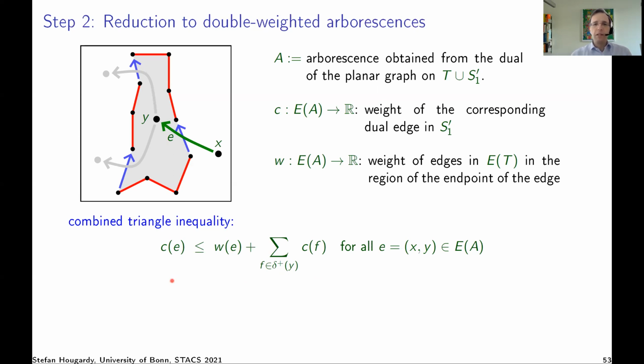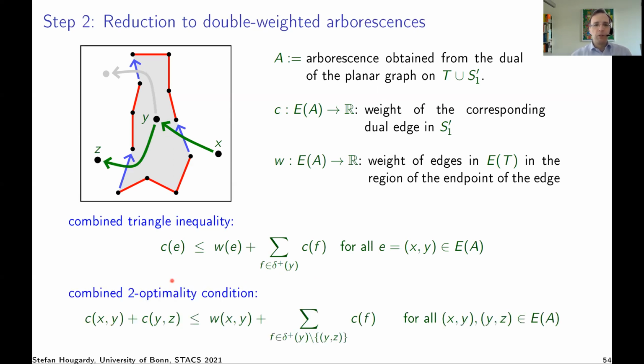The second inequality that we get is what we called the combined two optimality condition. For this, we consider two edges in the arborescence. We consider the corresponding dual edges, so these two blue dual edges.